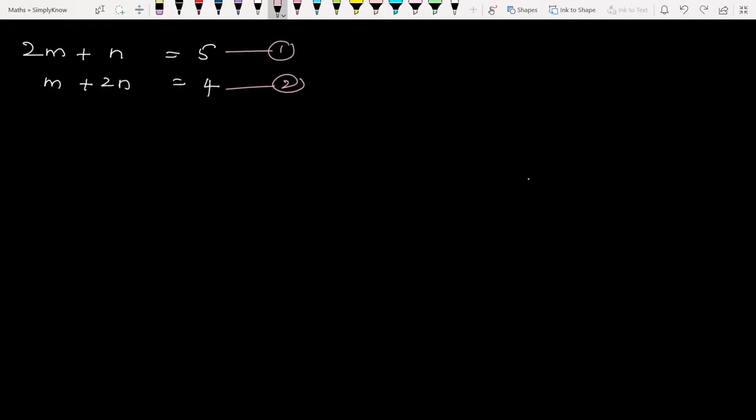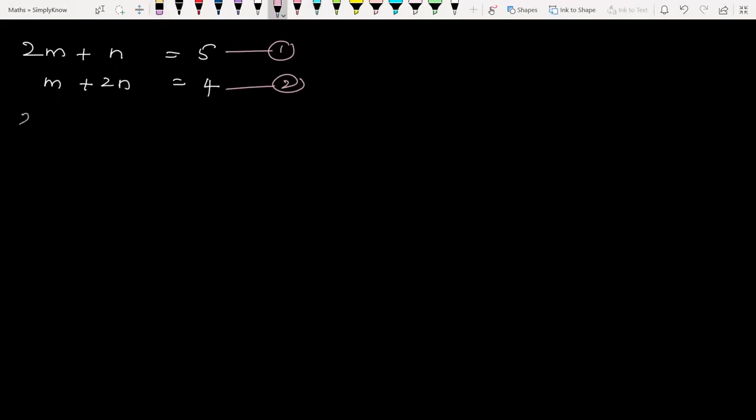Now if I multiply the second equation by 2, I can equate the coefficients of m. And if I multiply the first equation by 2, I can equate the coefficients of n. So here I'm going to select m.